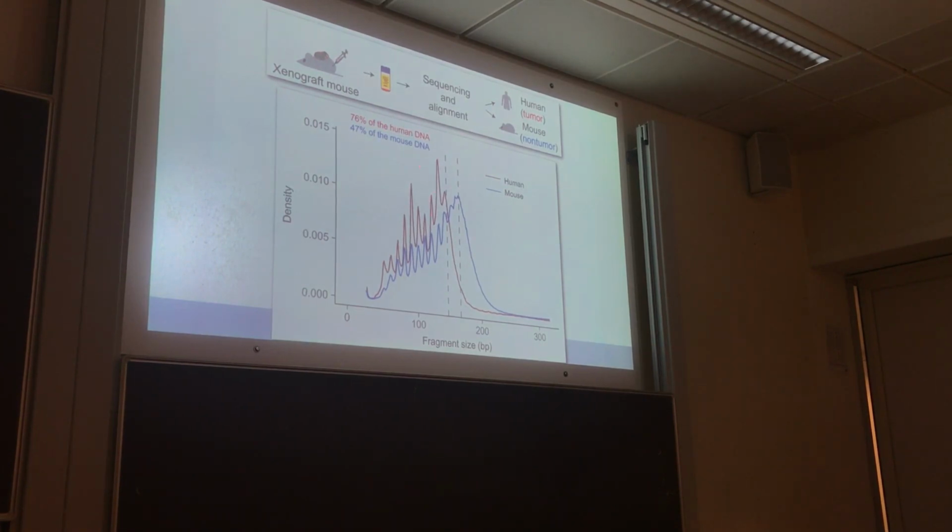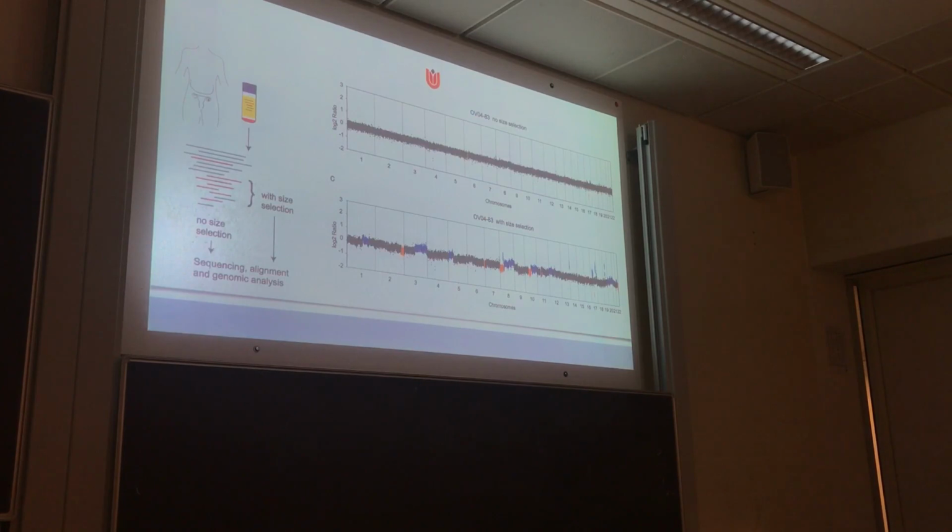What you can see is that the reads that map to the human genome are actually a lot shorter than the reads that map to the mouse genome. The fragments are a lot shorter than we're used to, only about 150 base pairs. So they implemented size selection, and for that you need paired-end sequencing to know the length of the read.